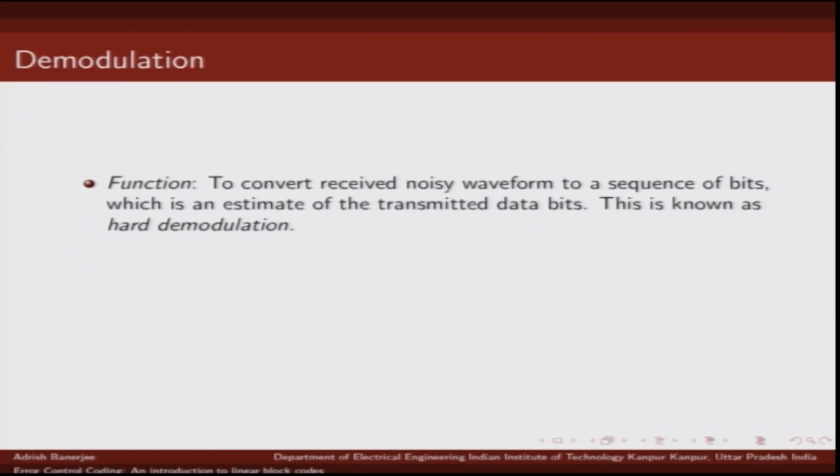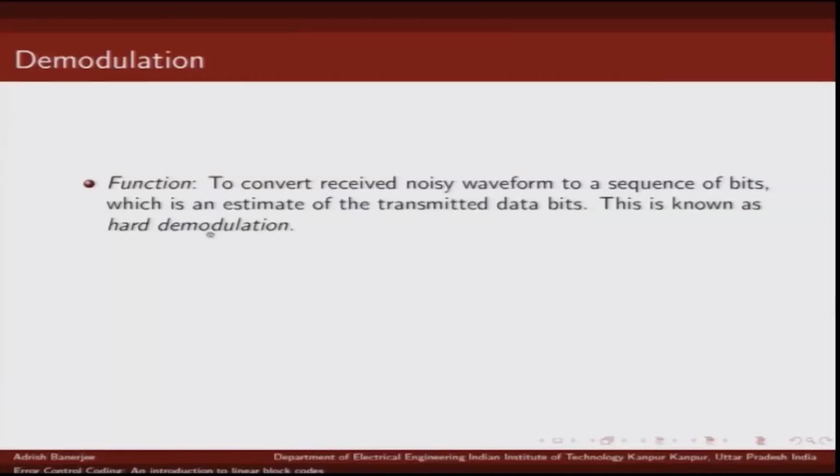Now, the next block in our digital communication system was demodulation. So, what does demodulation do? As a result of passing through the communication channel, we get a very noisy waveform, and from that noisy waveform we want to get an estimate of what the transmitted bits are. When we try to demodulate and get back the original bits, zeros and ones, that is known as hard demodulation.